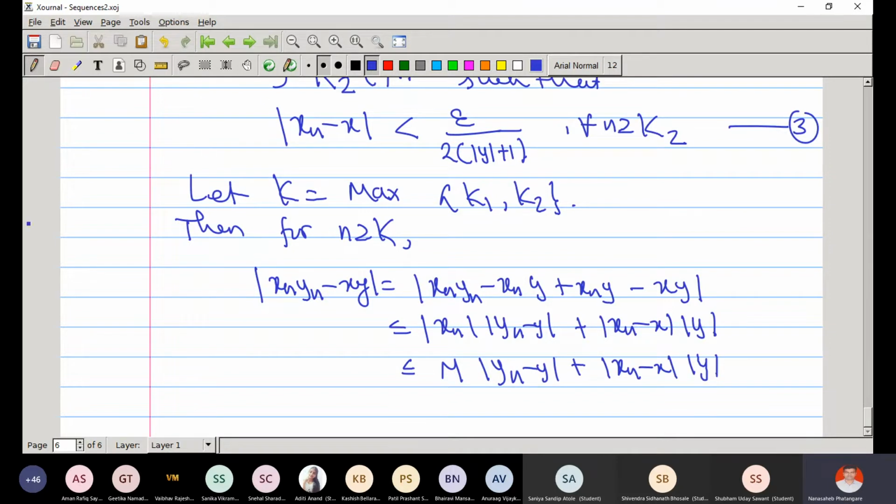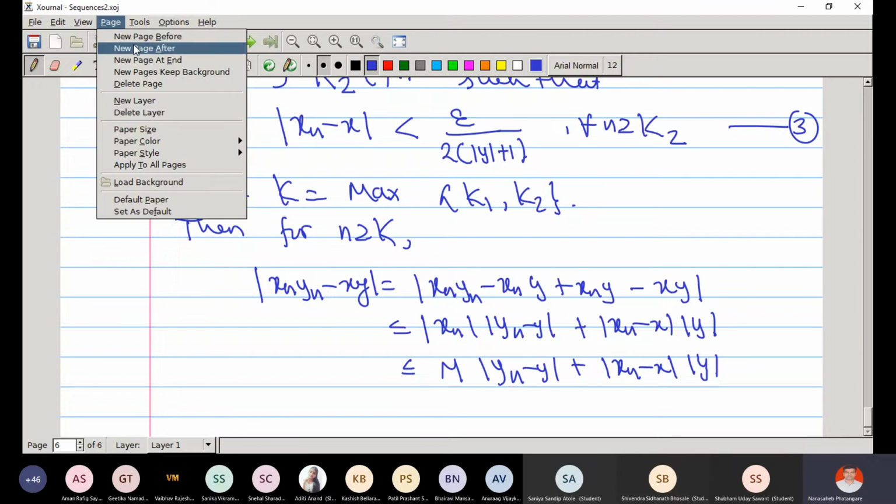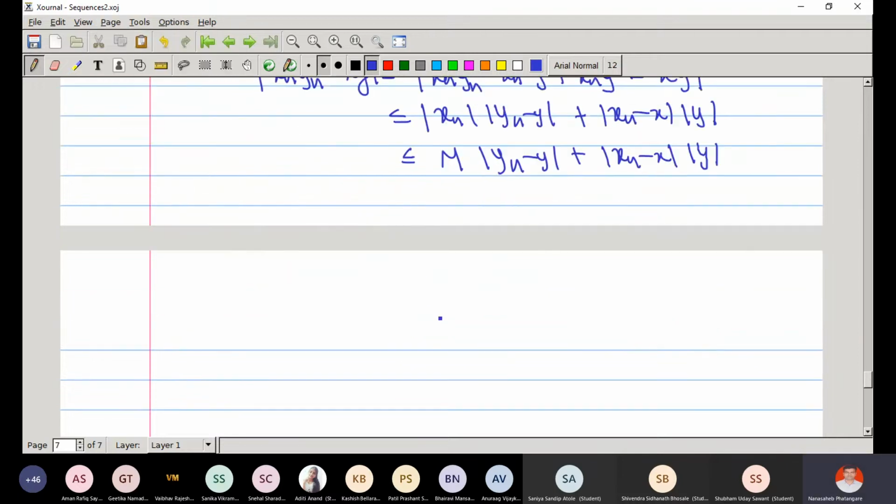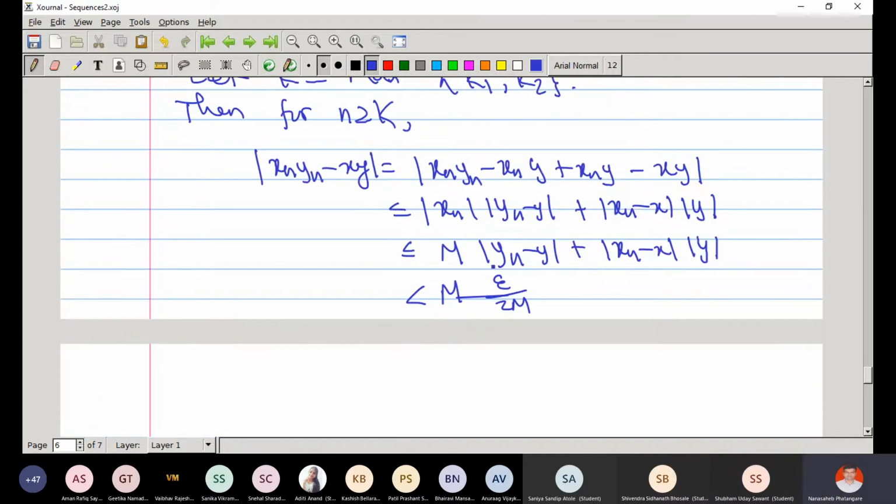Now, what next? Can I say that absolute value of yn minus y is less than epsilon upon 2m? Can I say this? Yes, sir. Why is it less than epsilon upon 2m?